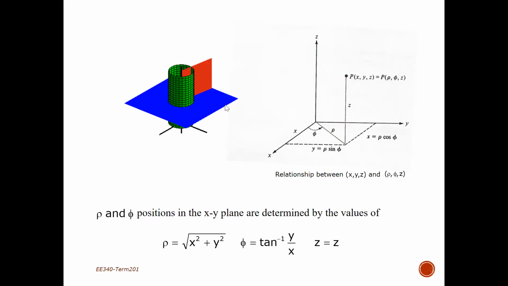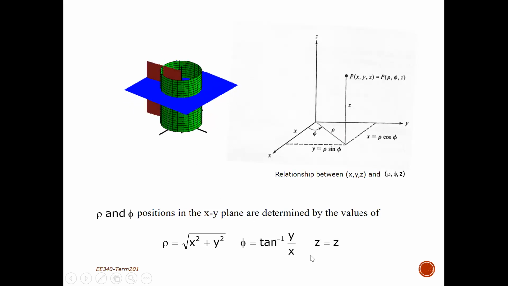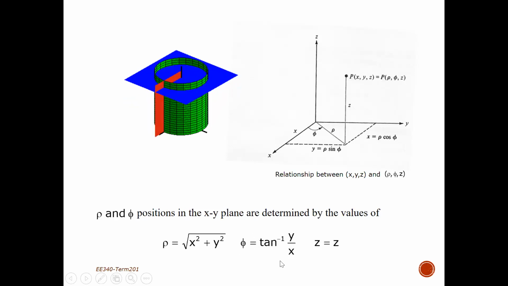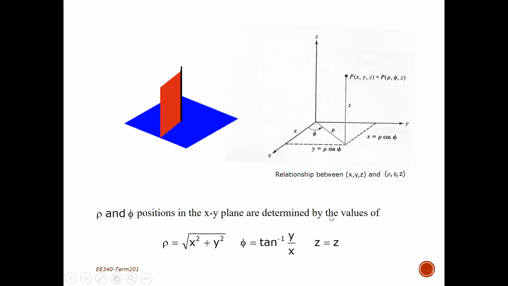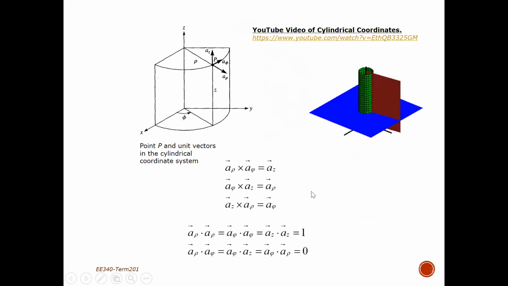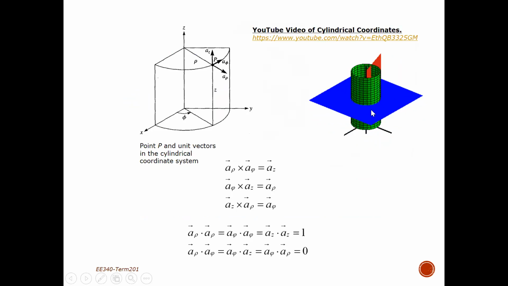Okay, so this is how the cylindrical coordinate system looks, and you can go through how to convert from cylindrical to rectangular coordinates, and how to find the unit vectors. Just a small comment on this. How do you identify the unit vectors in cylindrical coordinates?